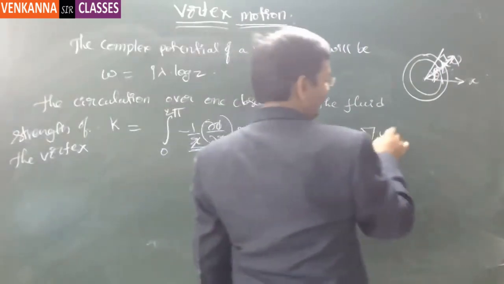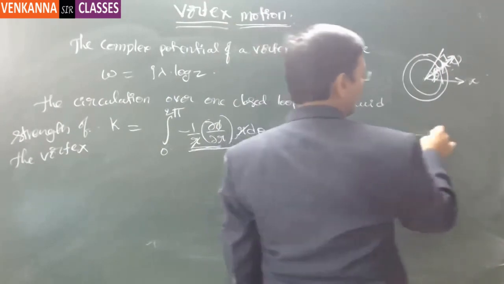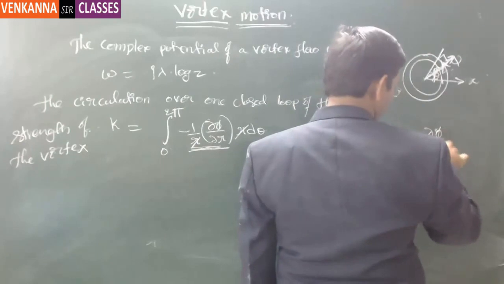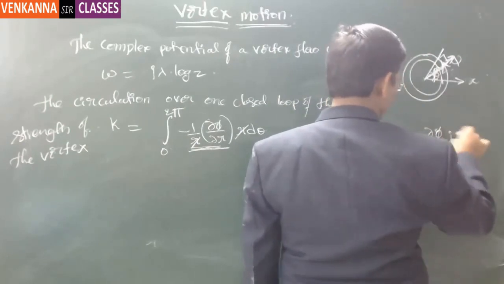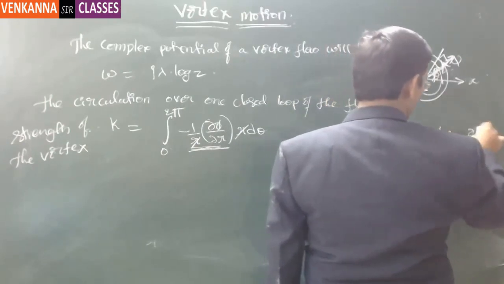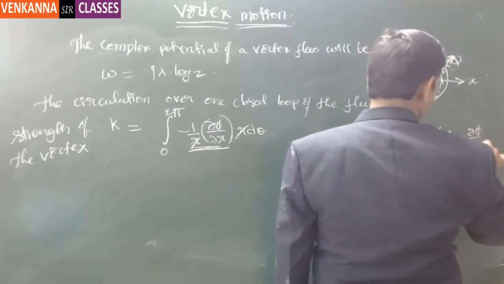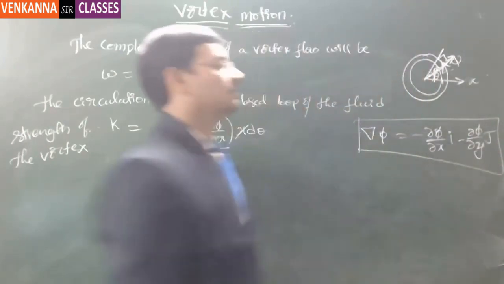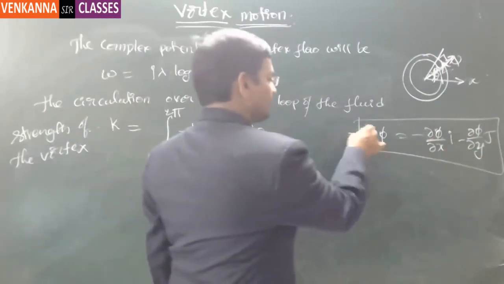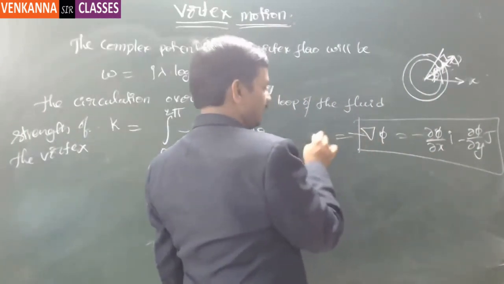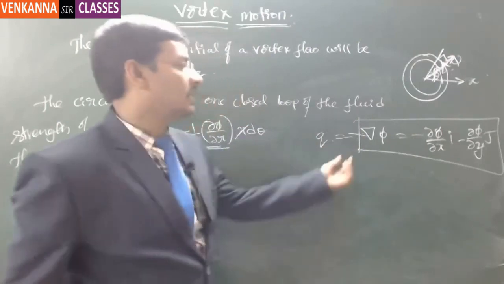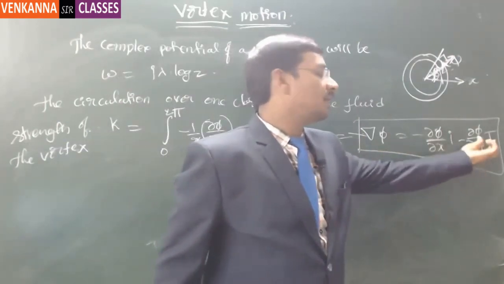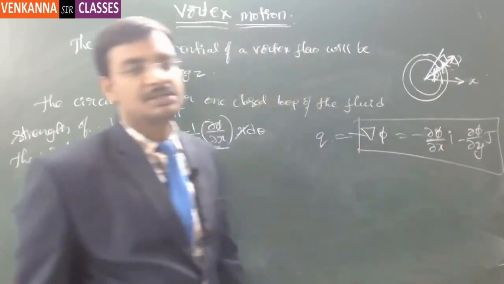So del phi is equal to dou phi by dou x into i plus dou phi by dou y into j. Now the velocity Q can be written as minus del phi, that is minus dou phi by dou x into i minus dou phi by dou y into j. This is in the Cartesian coordinate.